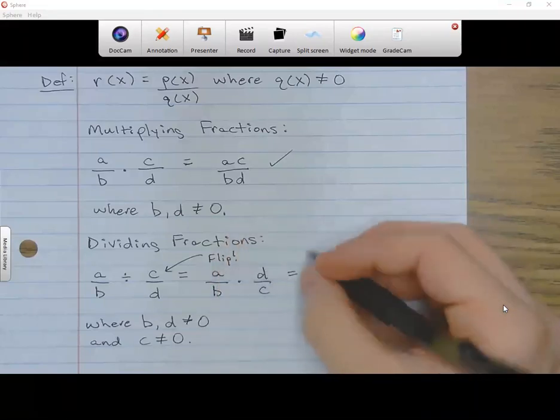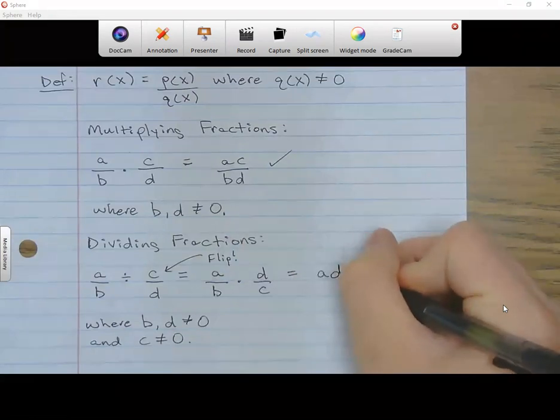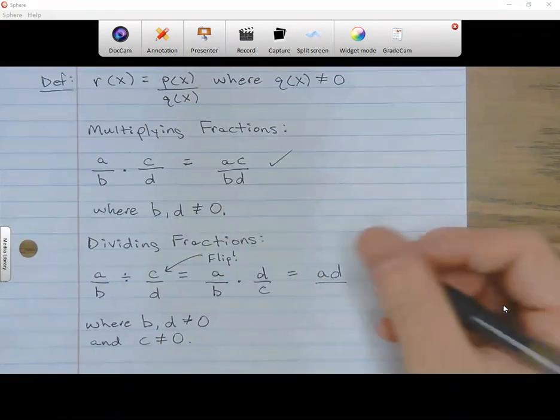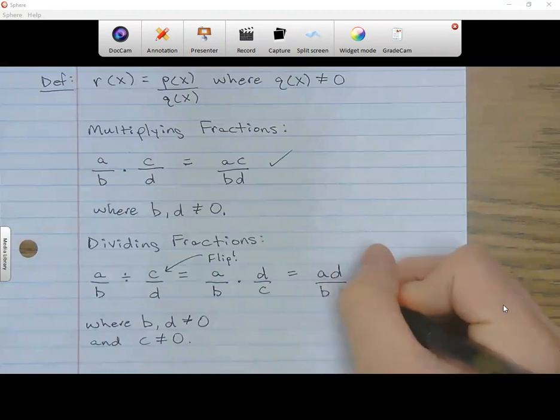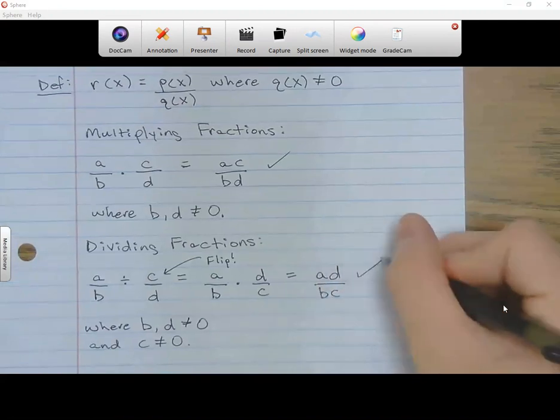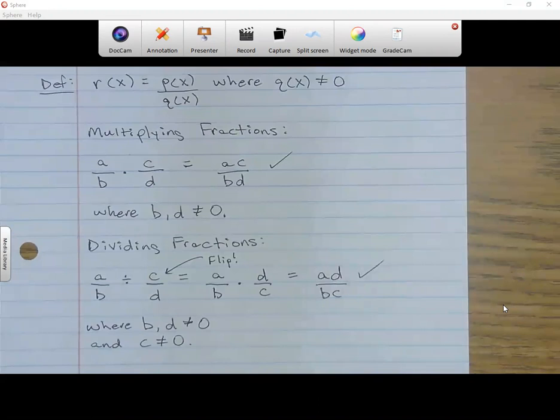So a times d is going to give me ad, and b times c is going to give me bc. So that's how you divide fractions. It's always the second fraction that you flip, and then you multiply. And that's it.